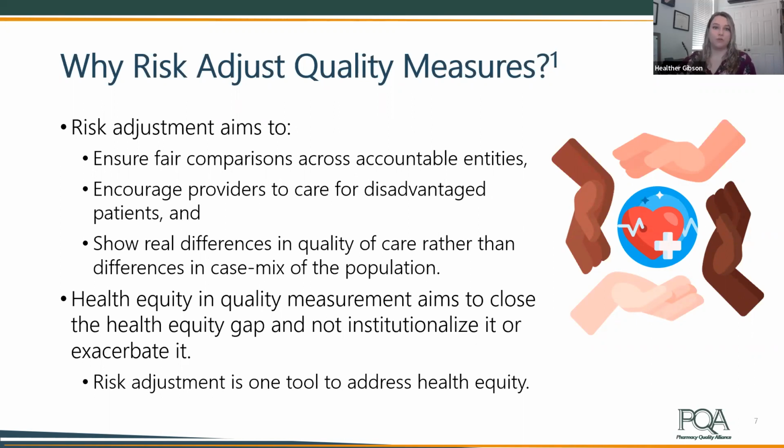Risk adjustment, therefore, really aims to ensure fair comparisons across accountable entities, encourage providers to care for disadvantaged patients, and really show those real differences in quality of care rather than the differences in the case mix of the population.